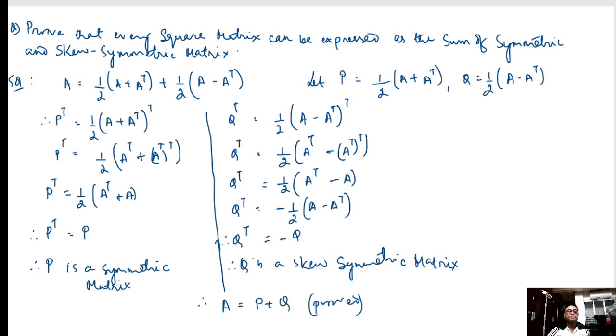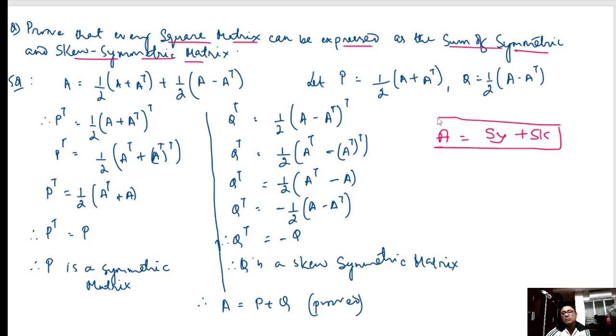Next, prove that every square matrix can be expressed as the sum of a symmetric and a skew symmetric matrix. That means any matrix is actually the sum of a symmetric and a skew symmetric matrix. This we have to show. So let us write the matrix A in this form: half (A plus A transpose) plus half (A minus A transpose).